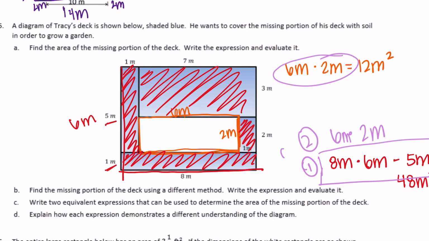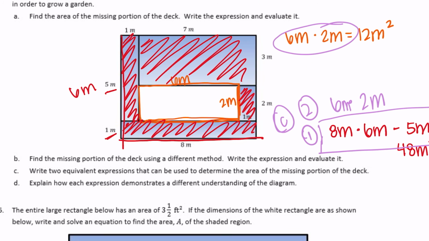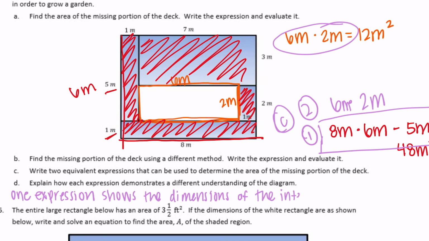So that's C. And D, explain how each expression demonstrates a different understanding of the diagram. So one expression, the first expression, shows the dimensions of this interior part. So let's say one expression shows the dimensions of the interior rectangle.